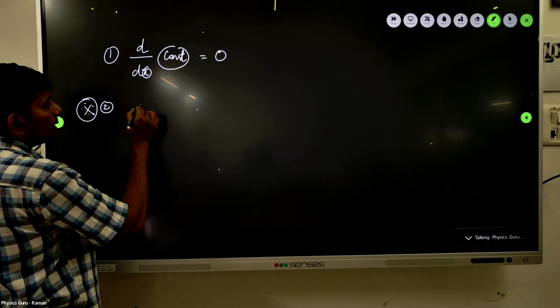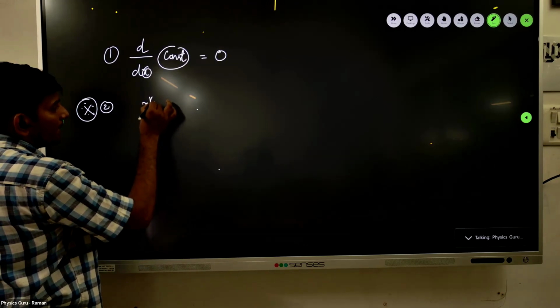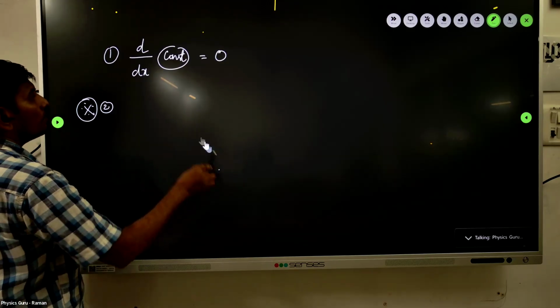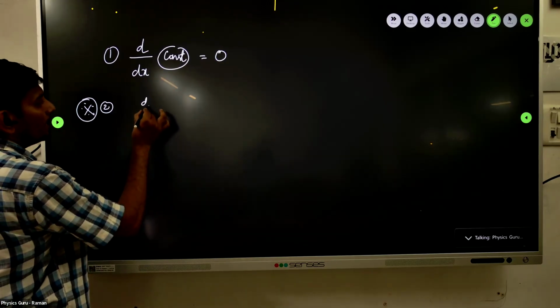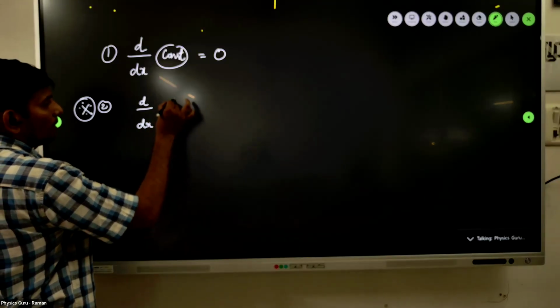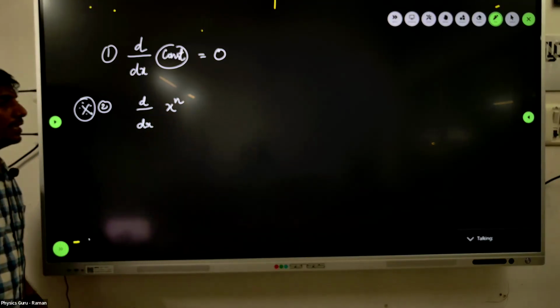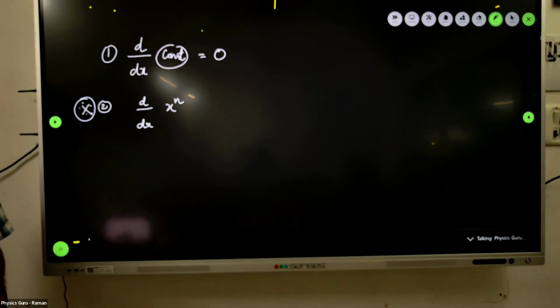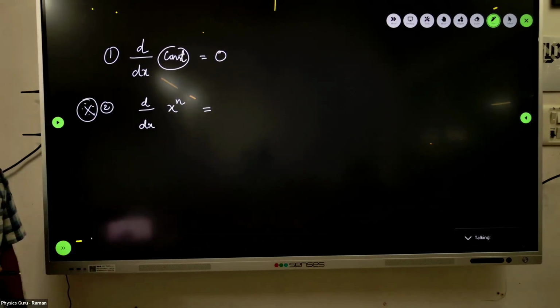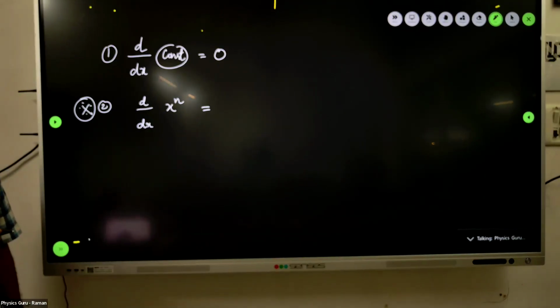So x to the power n. We are going to study its differentiation. Here is a formula: d by dx of x to the power n. Can anyone look at the formula and tell me? Already you have the formula in hand, sir? Yes, sir. d by dx is n x power n minus 1. Very good.